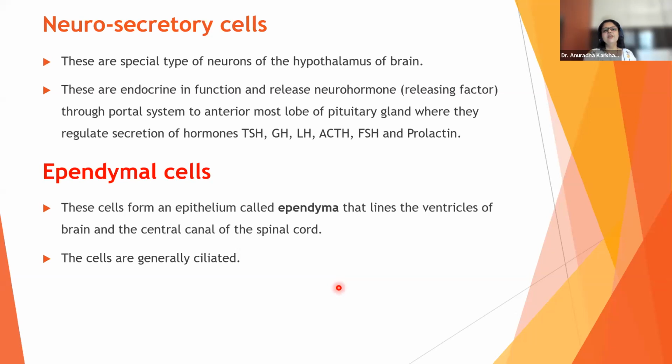Neurosecretory cells are a special type of neurons of the hypothalamus. We have seen this in chemical coordination, neurosecretory cells, जिसको हम nuclei भी कहते हैं.